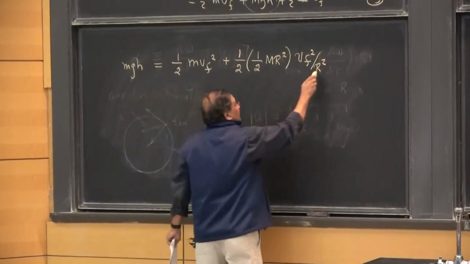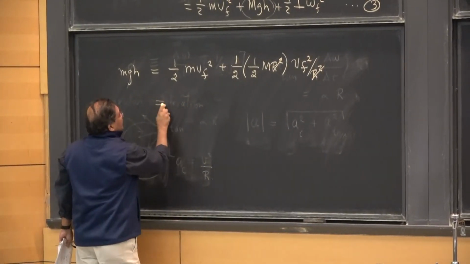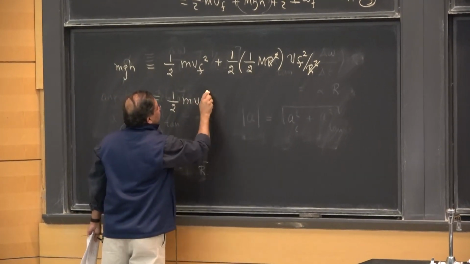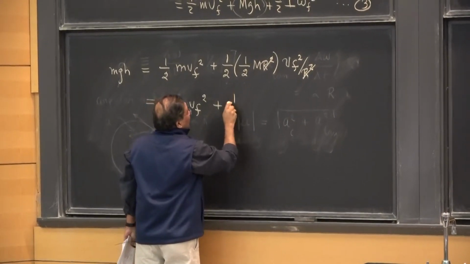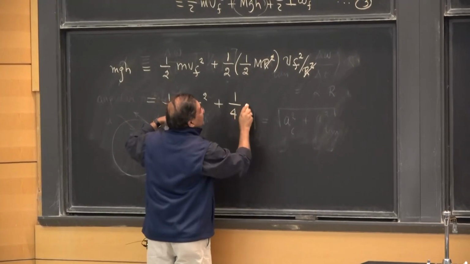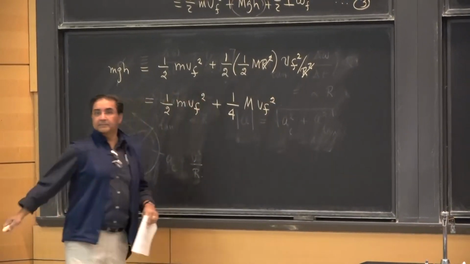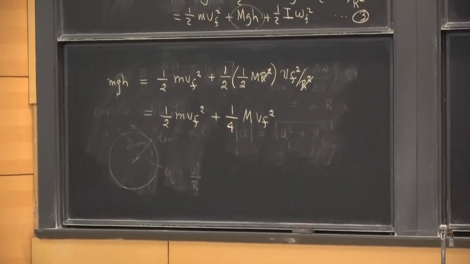So now you see, happily this r squared goes away, and I'm left with 1/2 m v final squared. This is going to be 1/4. And this mass is different. This is small m, this is big M, v final squared. Okay. Any questions so far?